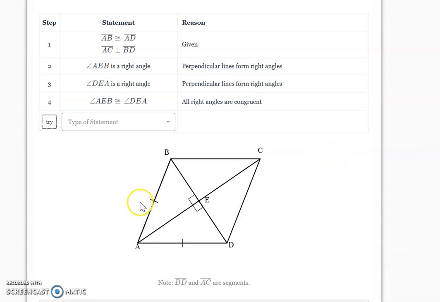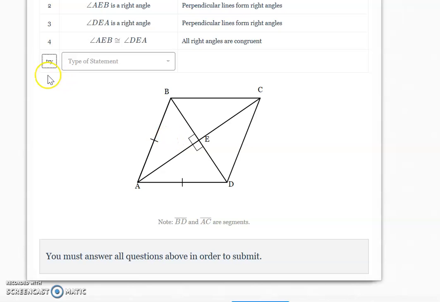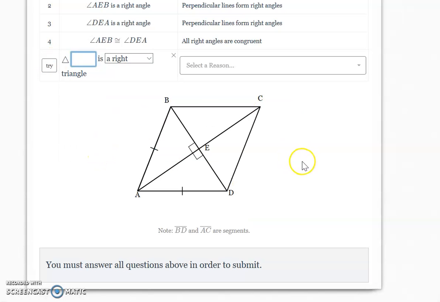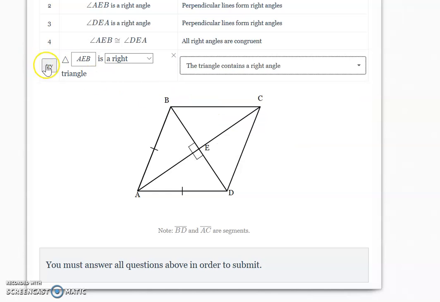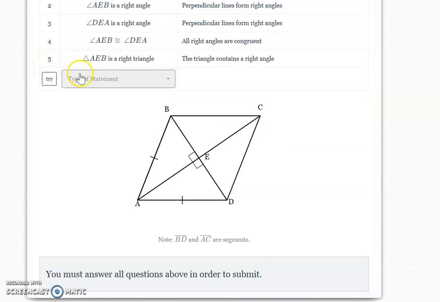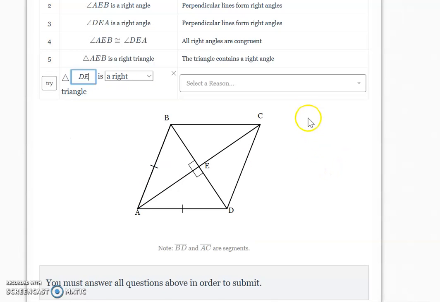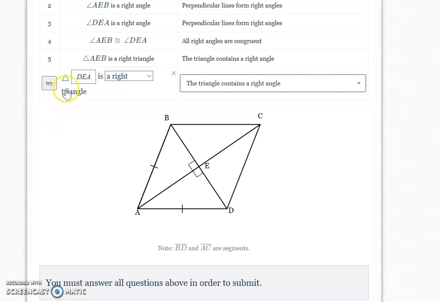Okay, so again, we're dealing with right triangles. So I guess we need to go ahead and say that these are right triangles now. So this is really absurd. So let's see, AEB is a right triangle because it has a right angle. Okay, and then DEA is a right triangle because it has a right angle.